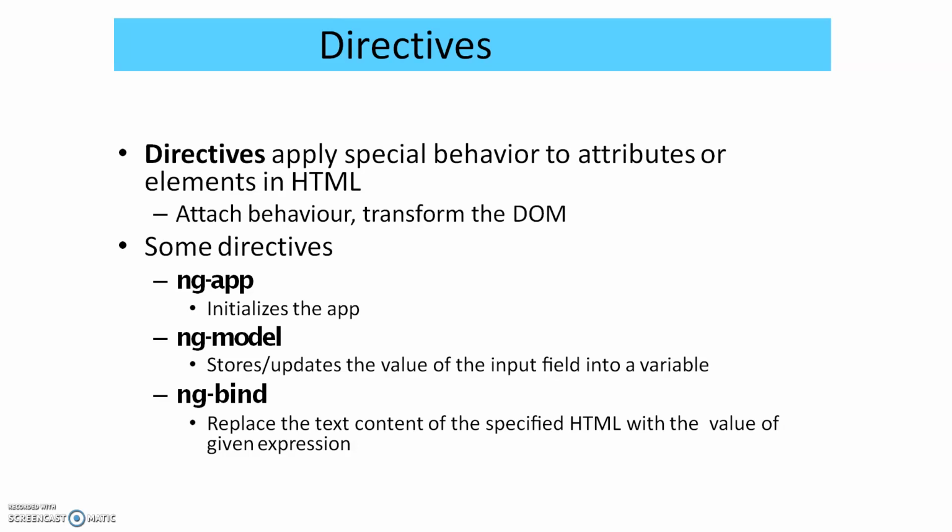These are the directives which give some special behavior to that HTML element. ng-app initializes the app, ng-model stores or updates the value of an input field into the variable, and ng-bind replaces the text content of the specified HTML element with the value of the given expression. So we have seen this in the output.